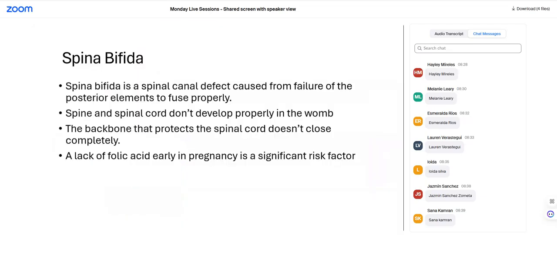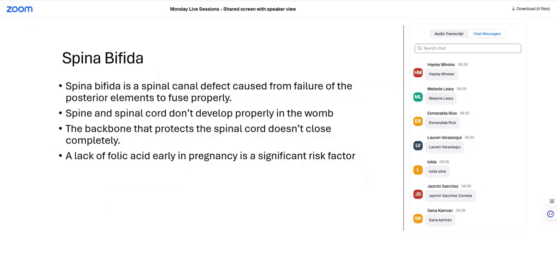Spina bifida, that's the spinal canal defect when the posterior elements don't fuse properly. So basically, that spine and spinal cord are not developing properly in the womb, and the backbone that protects the cord doesn't close completely. You'll see that early, if the mother has an ultrasound in the first or second trimester, they'll be able to catch that.